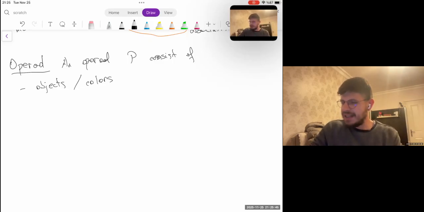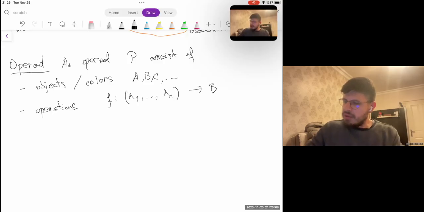So colors A, B, C, etc. And instead of morphisms, we have operations which have as source a sequence of colors, say A1 to AN, and as target another color B.